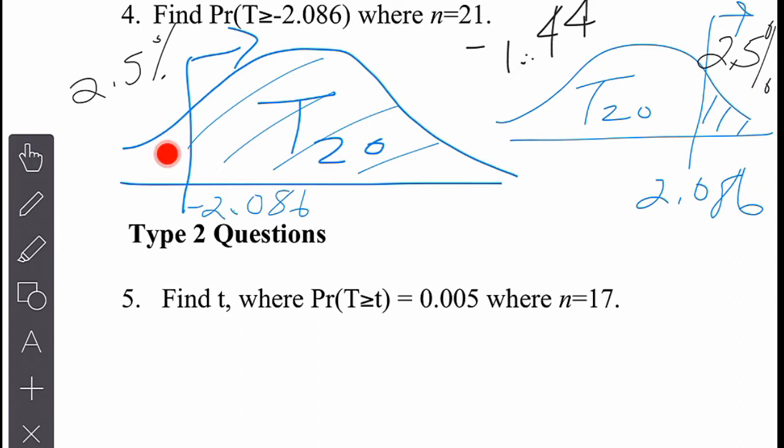So 2.5 on this side means 97.5 on the other side. So the answer to this question is the probability is 97.5.